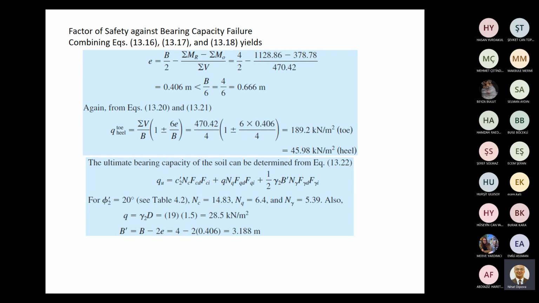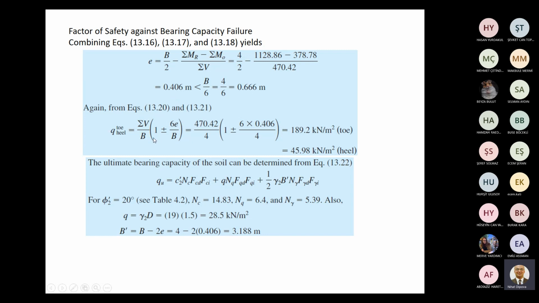And we need to determine bearing capacity factor. To check bearing capacity, first of all, we need maximum and minimum pressures and ultimate bearing capacity of soil to compare them. You know from bearing capacity chapters, first of all, we need eccentricity. Eccentricity is 0.4.